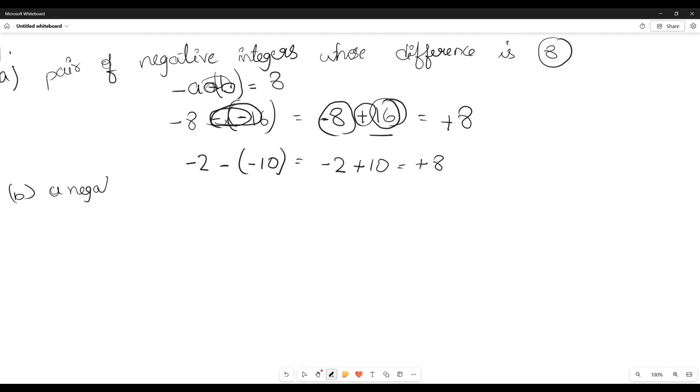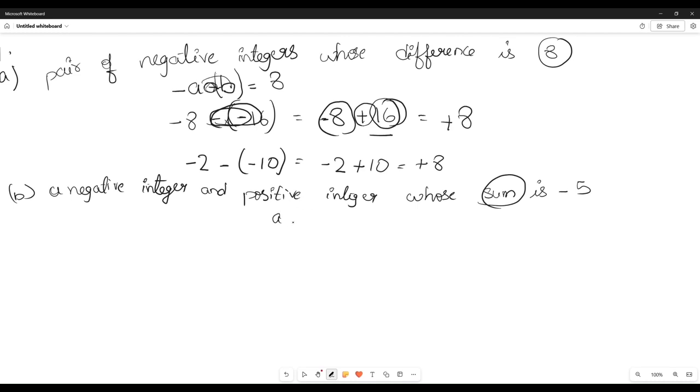And the second question is write a negative integer and a positive integer whose sum is minus 5. Here they are talking about sum. Sum means addition.